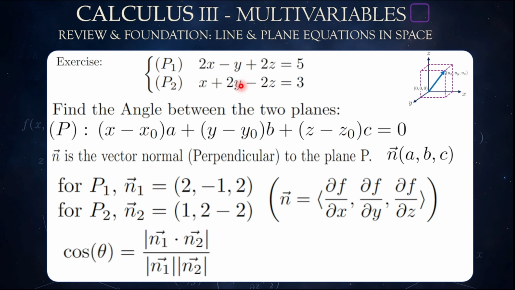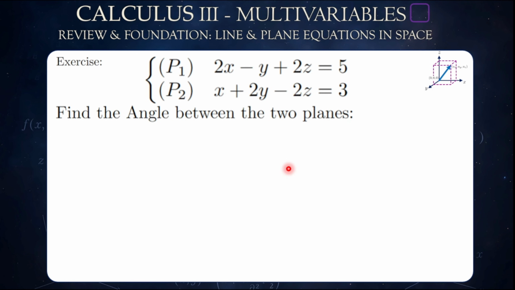Okay, so the angle between these two planes is given by cosine theta equal to n1 dot n2 divided by the length of n1 times the length of n2. As a reference, I'm going to place n1 and n2 at the top right, as you see, to use them in the cosine equation.